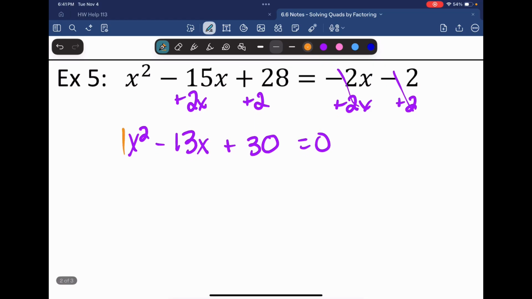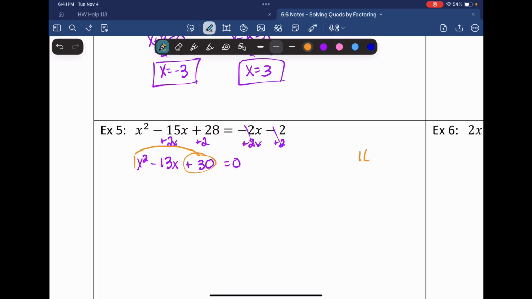We're gonna multiply it by 30. Factor pairs of 30. Okay, so it's gotta multiply to 30 and add to negative 13. Okay, so that b is a negative number, but that c is positive.